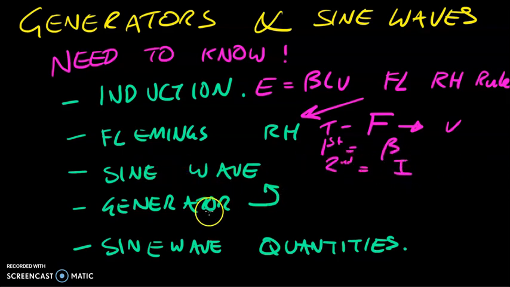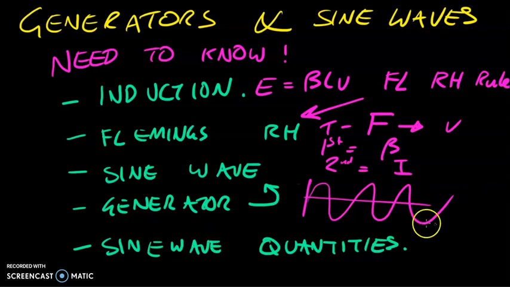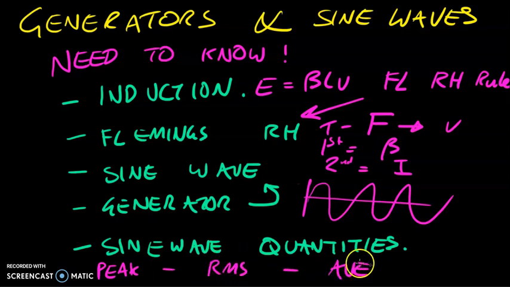Sine waves are produced by generators. A generator is effectively a magnet rotating with respect to the coil, and it induces a voltage in that coil. The induced voltage will be a sine wave. So remember, a sine wave is our nice, smooth wave. Sinusoidal quantities consist of peak voltages, RMS voltages, and average voltages.